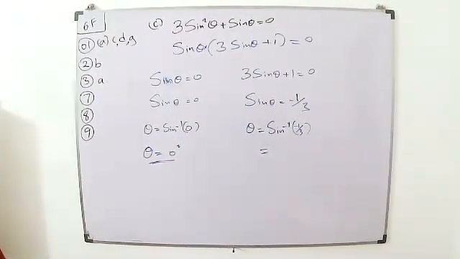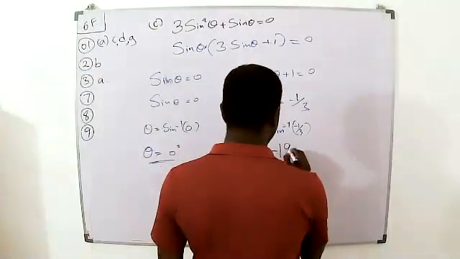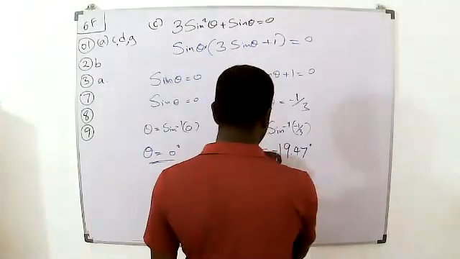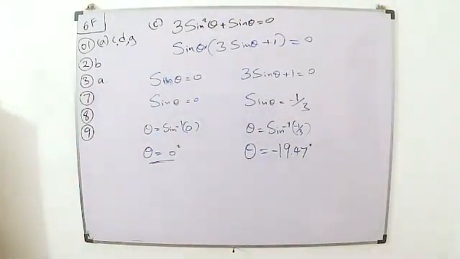Sine inverse of minus 1 over 3 gives minus 19.47. So theta equals minus 19.47 degrees.